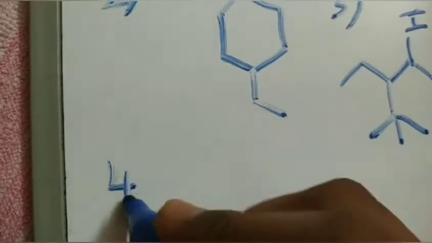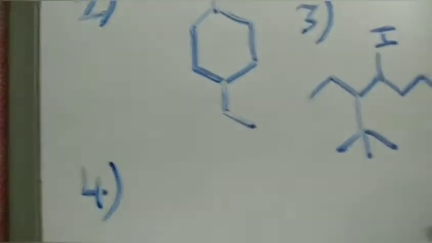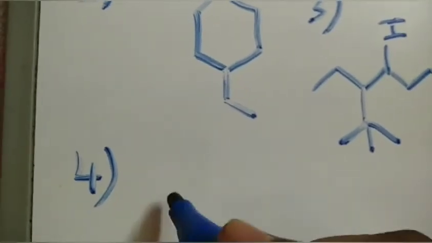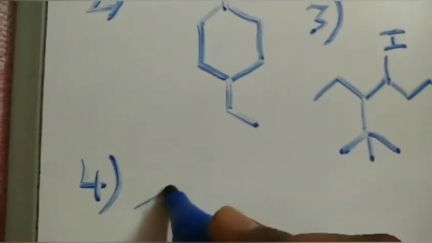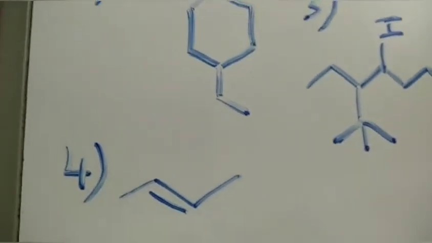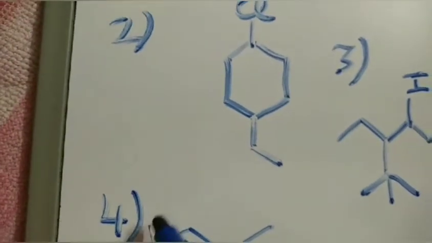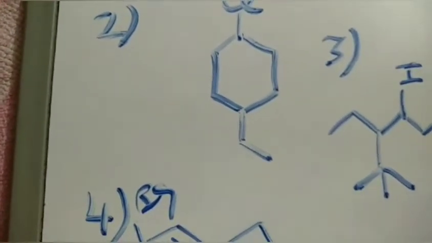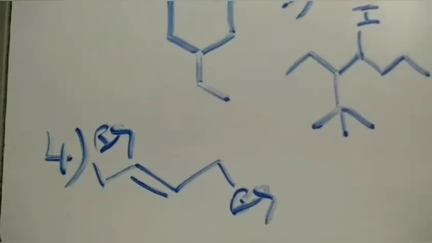Now the last but one question is 1,4-dibromobutene. This is the structure of butene, and for 1,4-dibromo, there will be a bromo here and another bromo here.